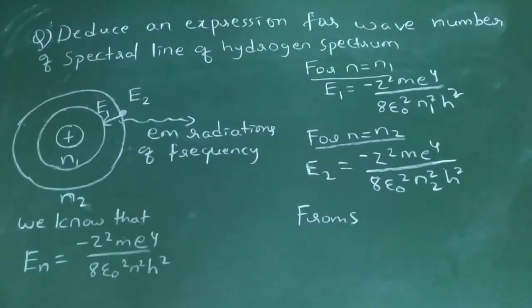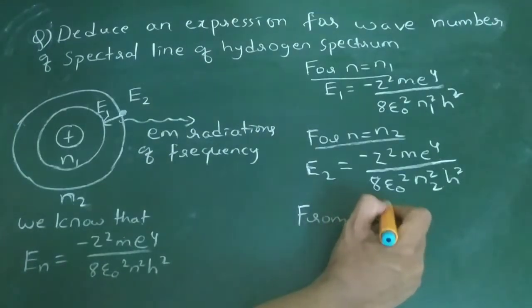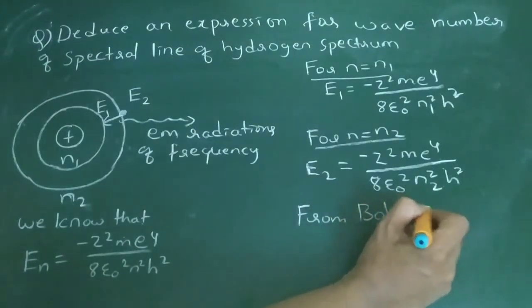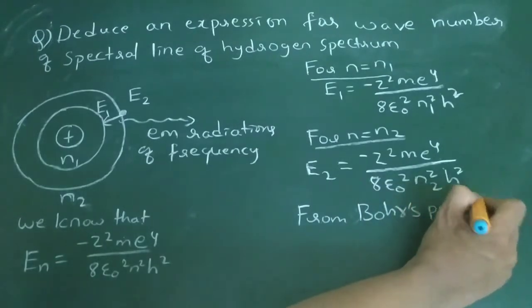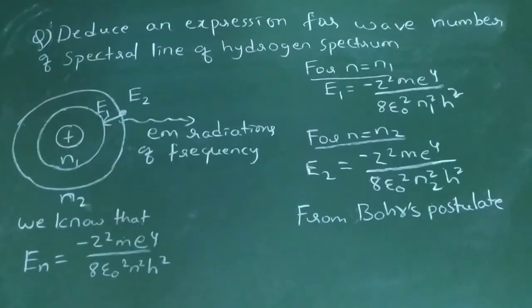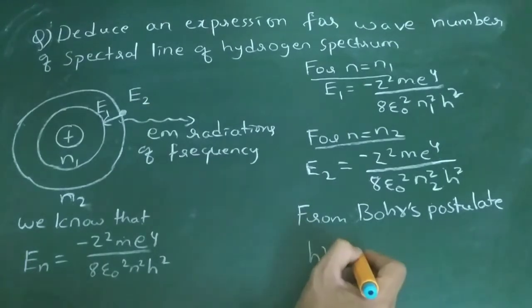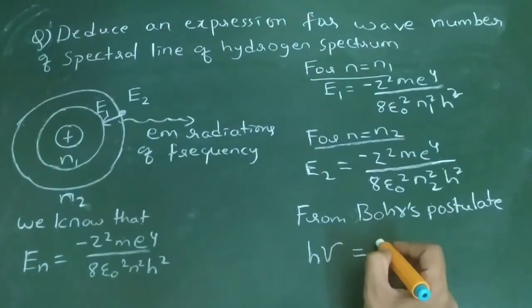Then, from Bohr's postulate, what I can write is h mu will be equal to E2 minus E1.